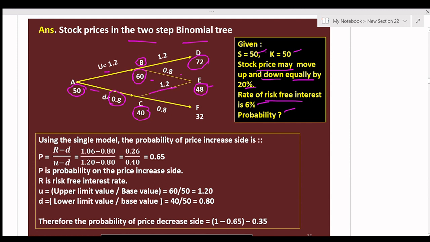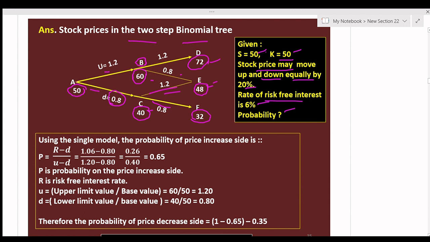From here, there are 2 branches. One is upward, one is downward. Here it is increased by 20%: 40 into 1.2 is equal to 48. And 40 into 0.8 is equal to 32. Now this is the outcome after 2 years. At D, 72, the call buyer will exercise because the strike price is 50.